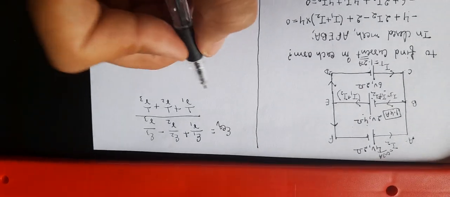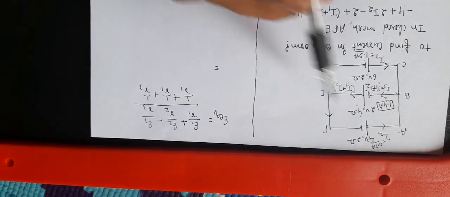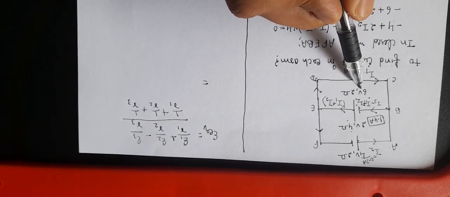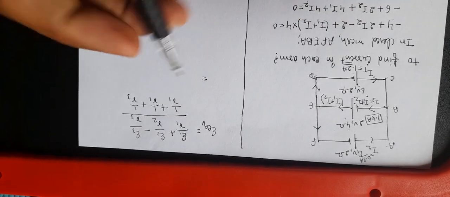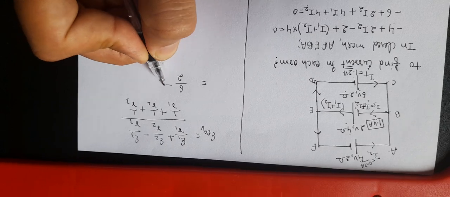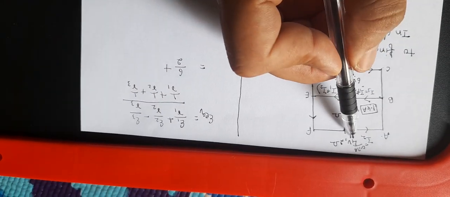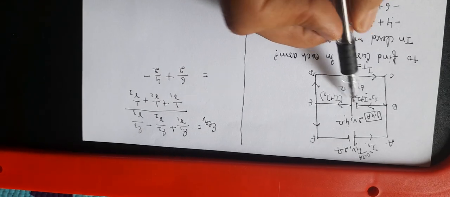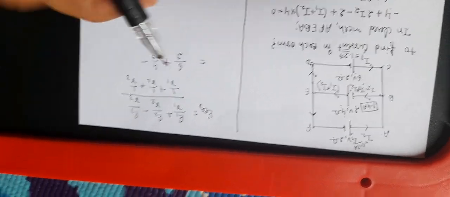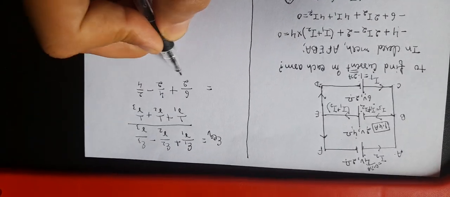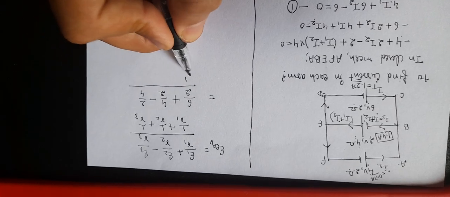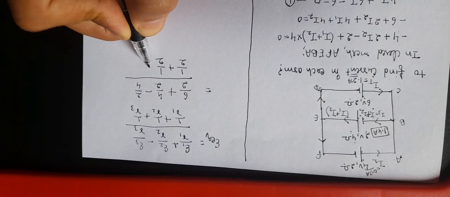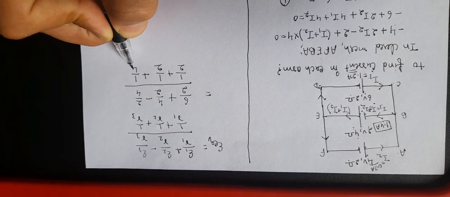Now the concept is, what is epsilon 1 upon R1? This is 1, we have taken this one. So epsilon 1 is 6 upon R1 is 2. 6 upon 2 plus epsilon 2, that is 4 upon 2, minus the third one, that is 2 upon 4, divided by 1 upon 2 plus 1 upon 2 plus 1 upon 4.